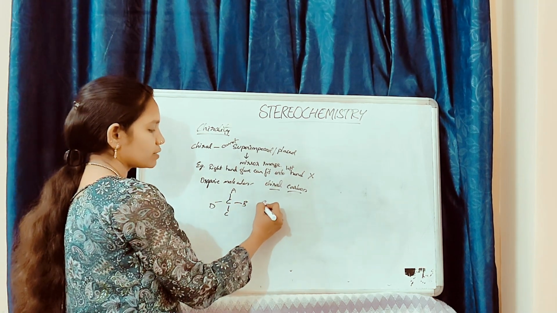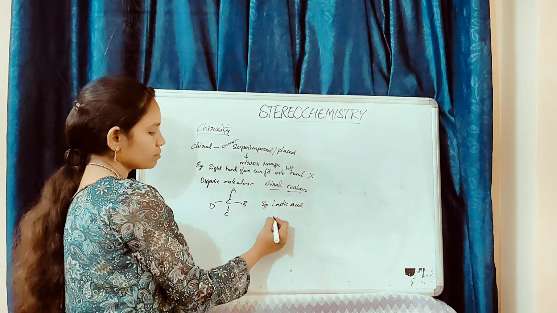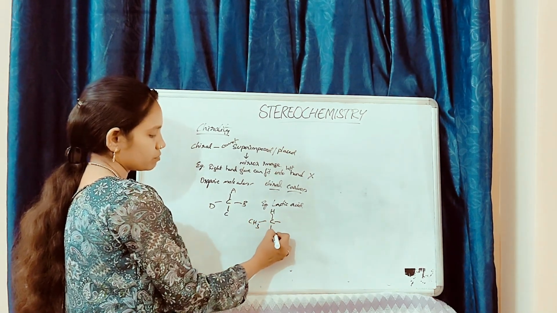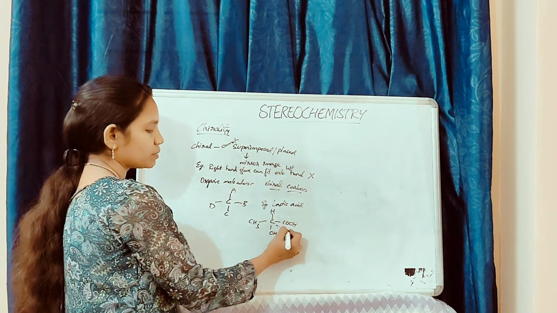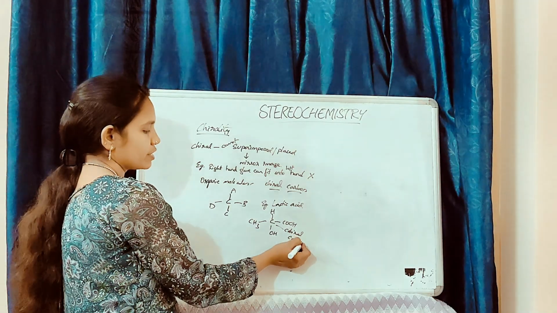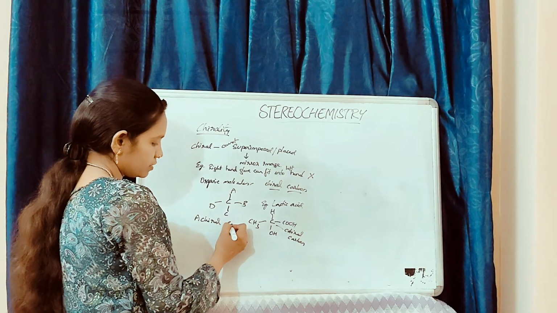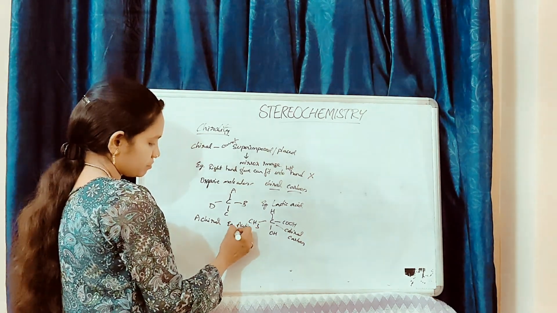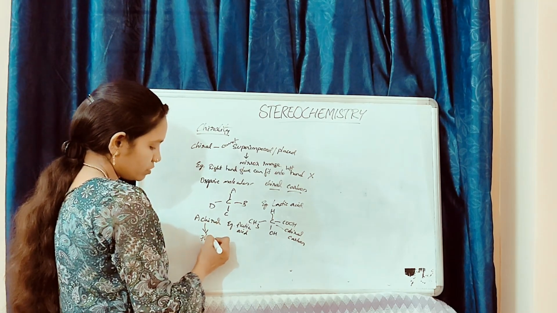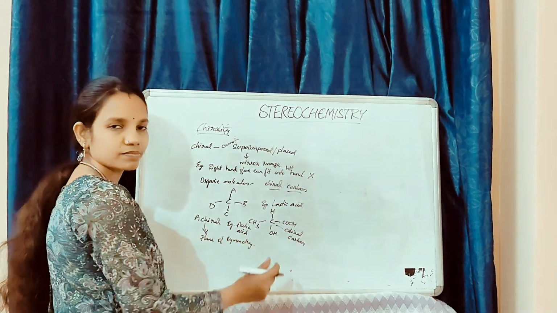If you take the example of lactic acid, which is connected to four different groups, this carbon becomes a chiral carbon. An example of an achiral molecule is acetic acid. Achiral means it has a plane of symmetry. Is it clear?